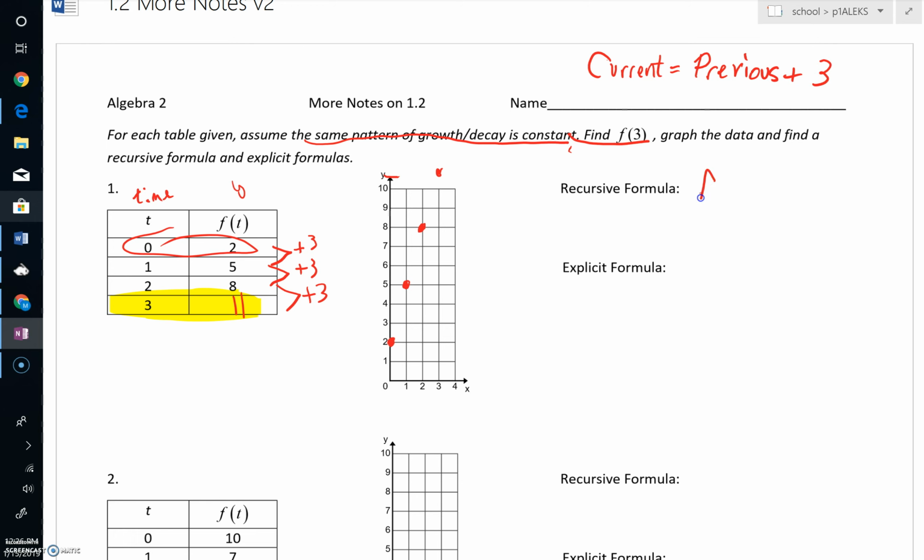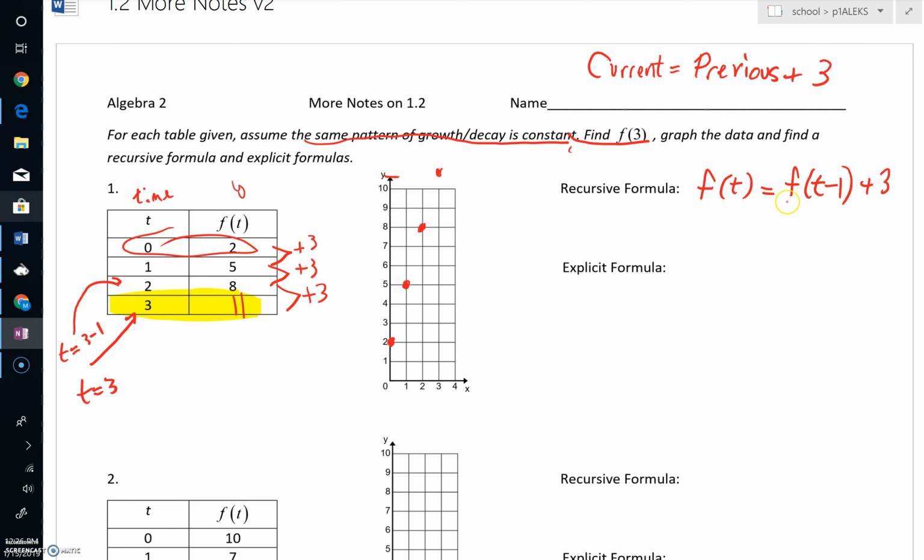So for this recursive formula, a y value that we're looking for, f of t, is going to be equal to the previous y value, here's that t minus 1. If we were looking for a t value of 3, we have to go back to 3 minus 1. We have to look at what's happening to the step right before that, and we're going to be adding a 3 to that.